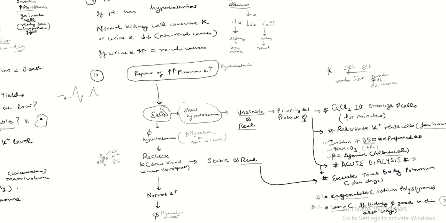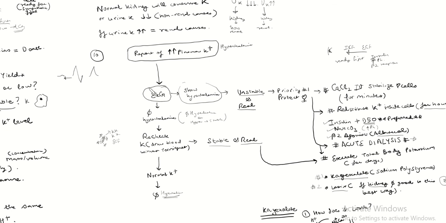But the money is actually in management of hyperkalemia and hypokalemia, and we went through how our first stop is to get an EKG in both, which would tell us whether the lab value is real and unstable, or if the EKG is normal, either we don't have the issue and the first value was spurious or false, or the first value was real but it's stable. That's why the EKG is not showing symptoms.